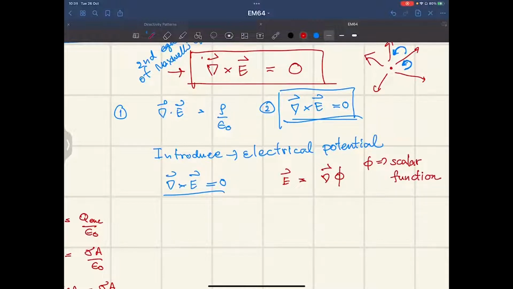Any scalar function. If this thing is true, then we have this. Any questions?